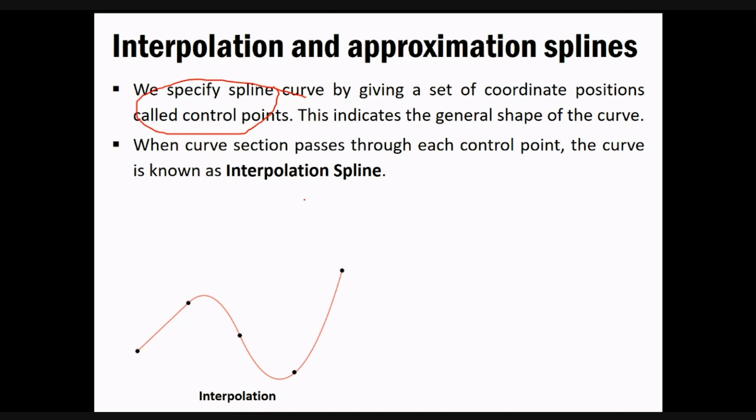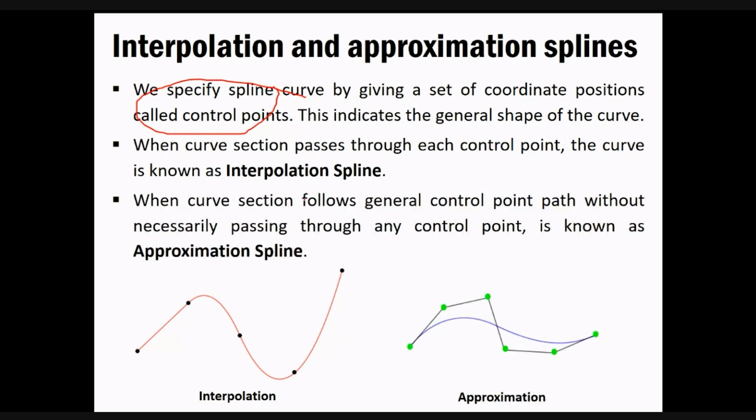Similarly, one more thing that we have is the approximation spline. It says that when the curve section follows the general control path, without necessarily passing through all of the control points that you have defined, it is known as an approximation spline.